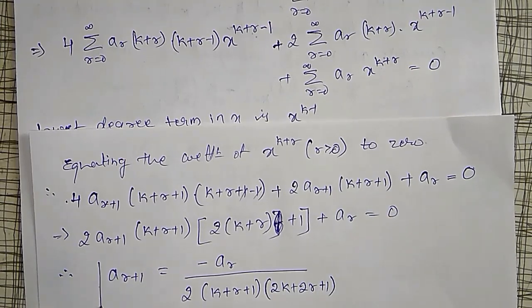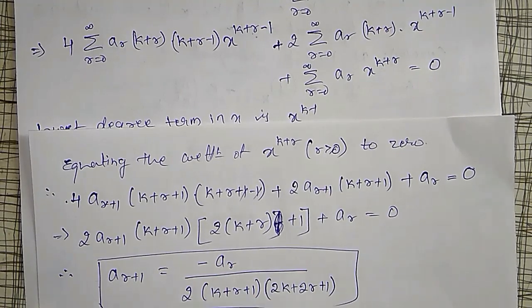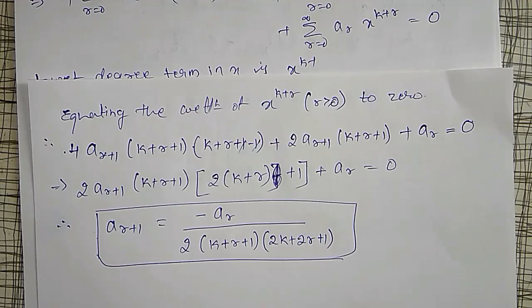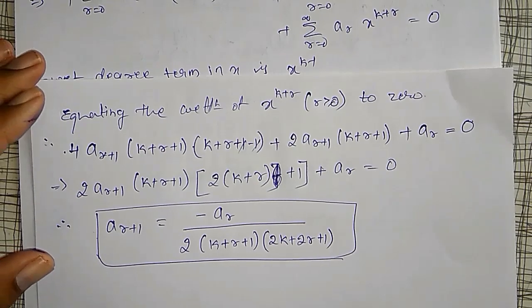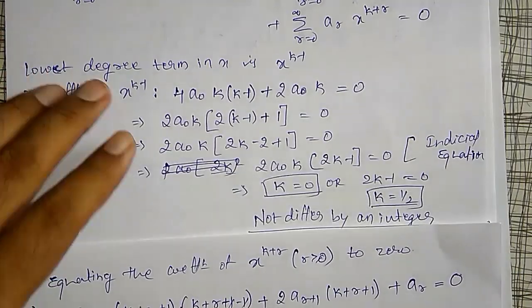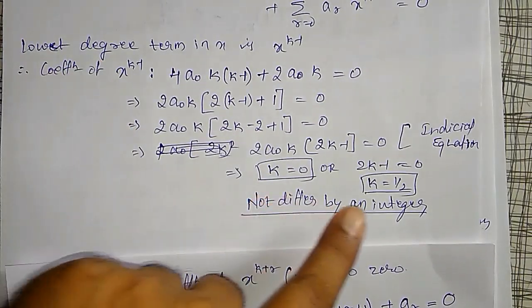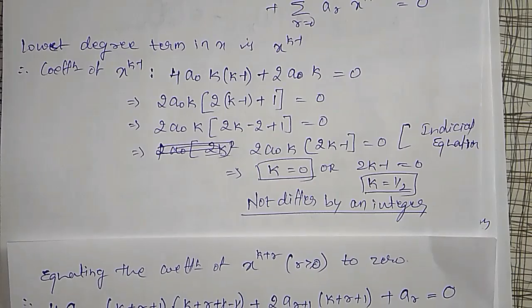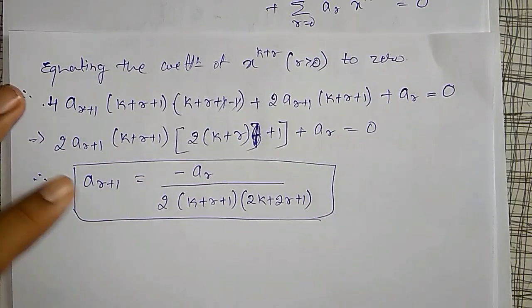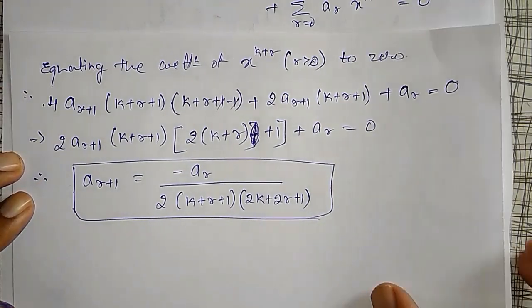This is my recurrence relation to find the remaining coefficients. To find these remaining coefficients, let me use case by case. As by the indicial equation there are two roots I have got, k equal to 0 and k equal to minus 1 by 2. Using them, let me find the coefficients.